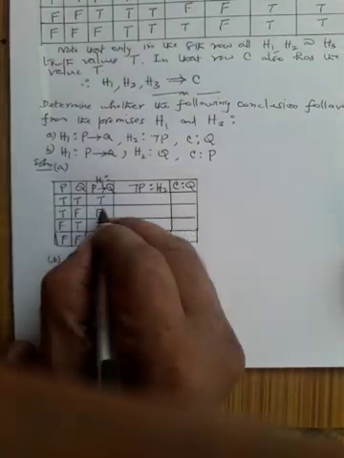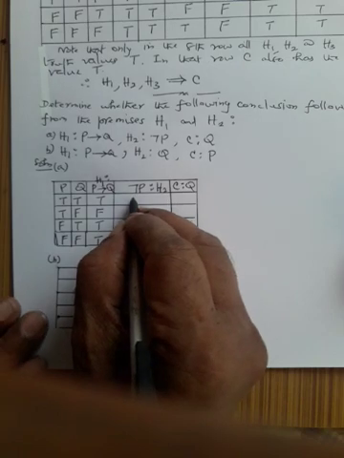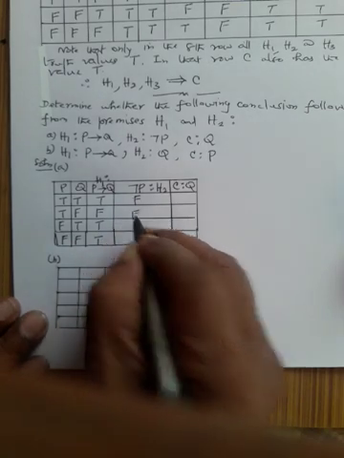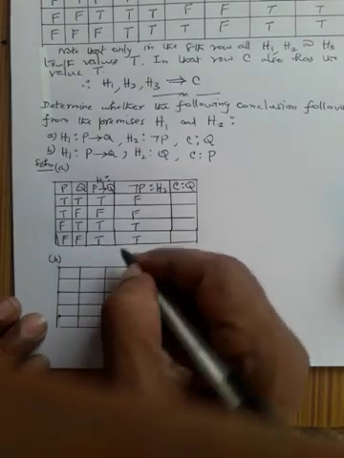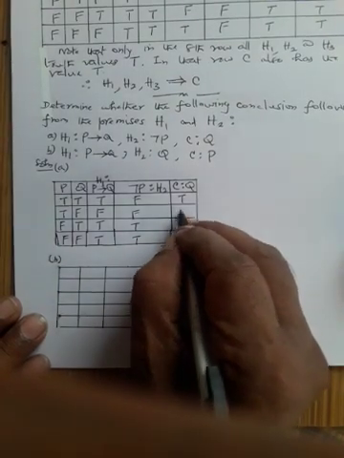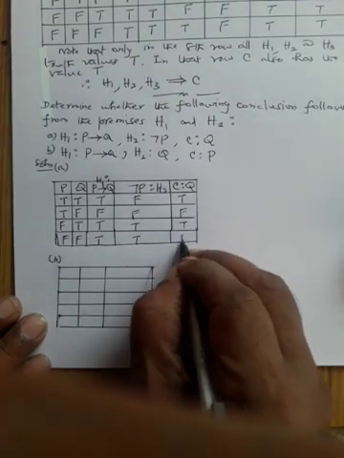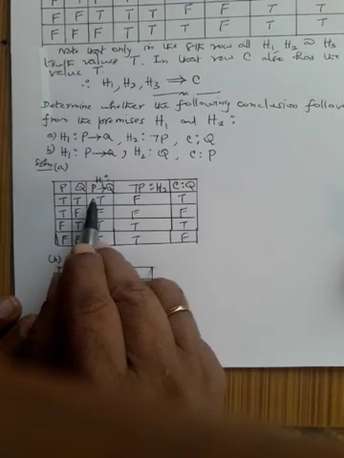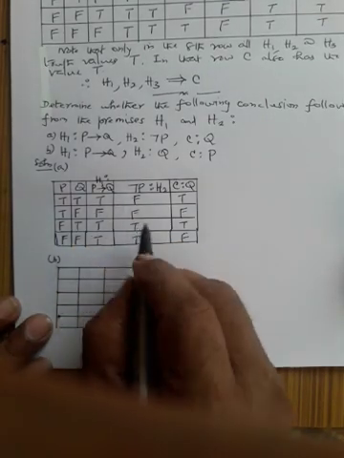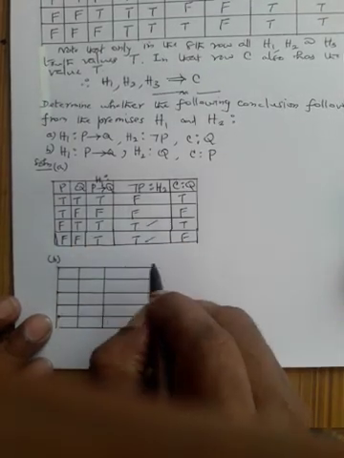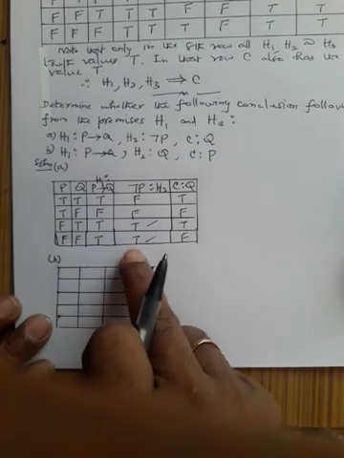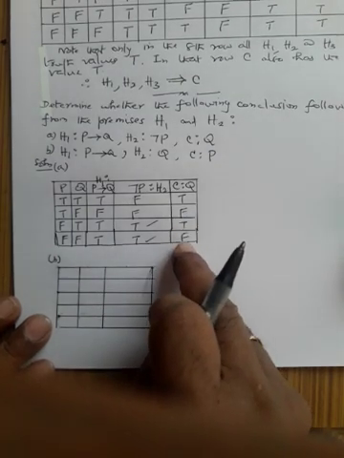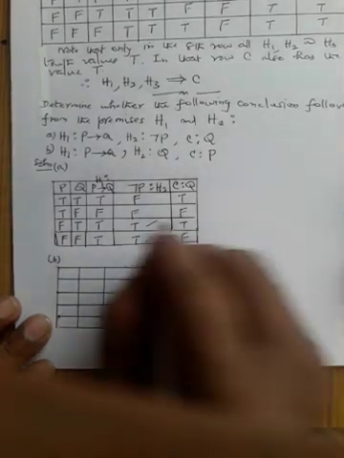Negation P, the opposite of P, is F, F, T, T. Q I will rewrite. H1 and H2 are both true in two rows. In one of those two rows, the conclusion is F.